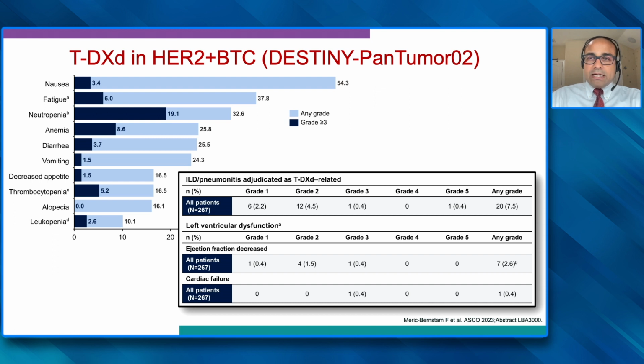And when you look at the ILD rate, you can see that the ILD rate with 5.4 mg/kg is in around that range of 7 to 8%. But grade 3 or greater ILD events are definitely less. And I think ILD is a very important toxicity of these agents, and you should have a really high degree of suspicion for that side effect. Any new onset cough or shortness of breath should not be readily ignored.